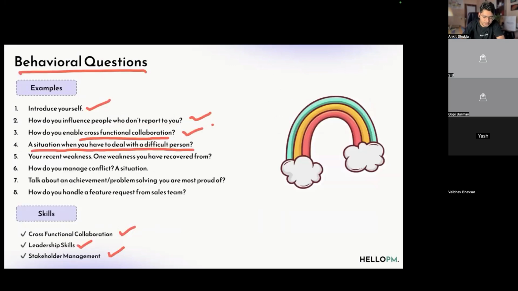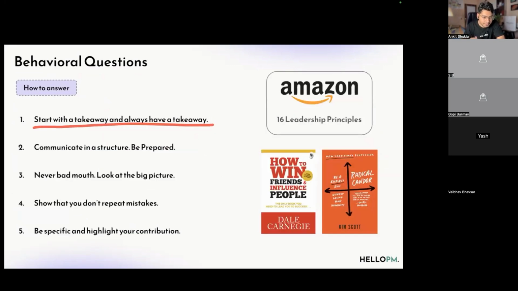If they ask how did you enable cross-functional stakeholder collaboration, you can say that bringing people on the same page is something that I've learned, and then you can tell your story. People are not interested in your stories. They are interested in what you learned from that story and how you can make use of that knowledge for your next company.